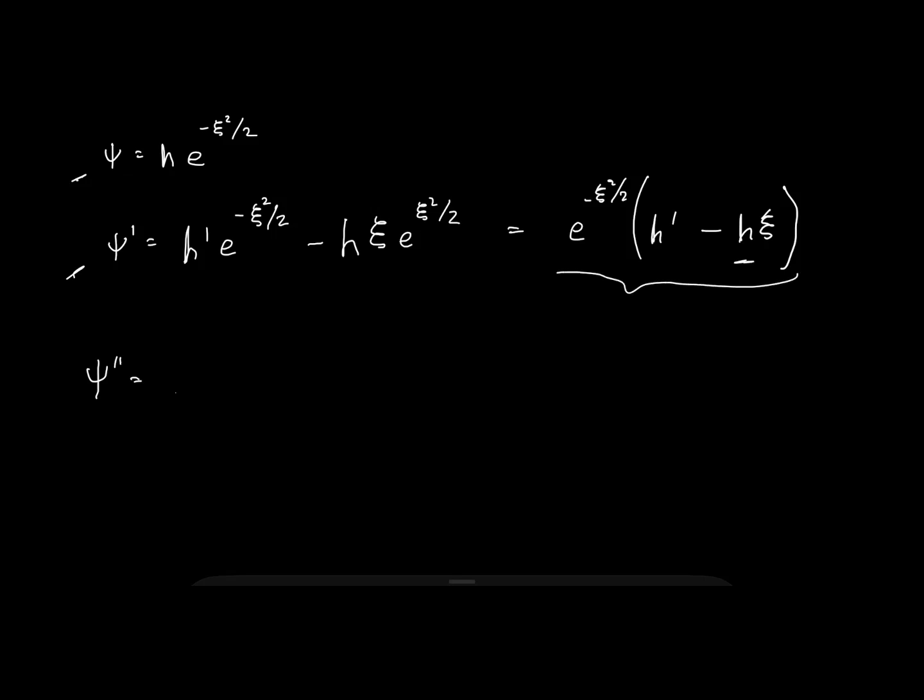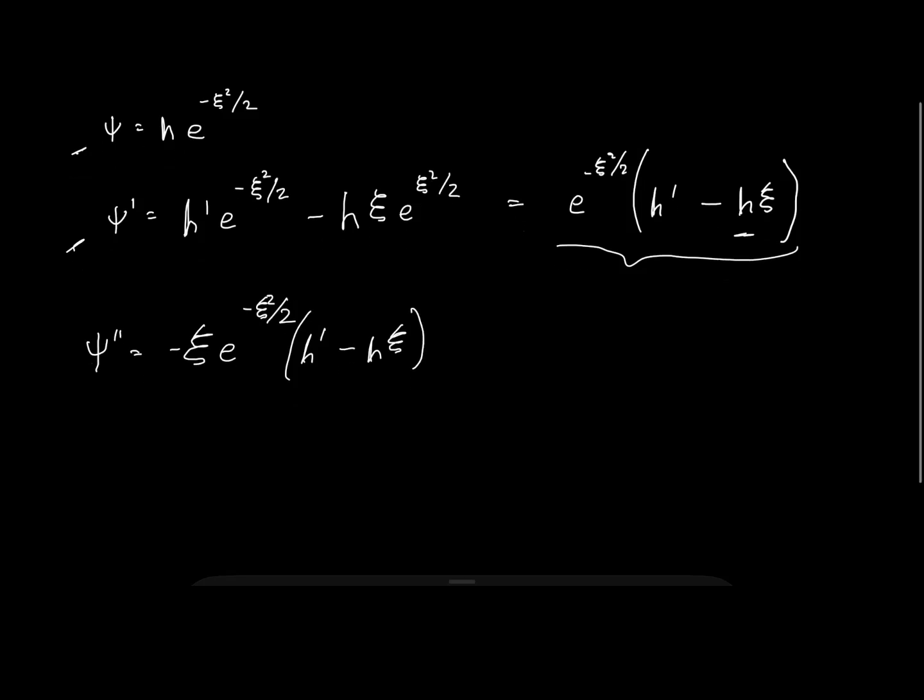So now when you take this second derivative, you have the derivative of the first, which is just minus c e to the minus c squared over 2 times the derivative inside of this. So times this, actually, times this, h prime minus h c, all right?